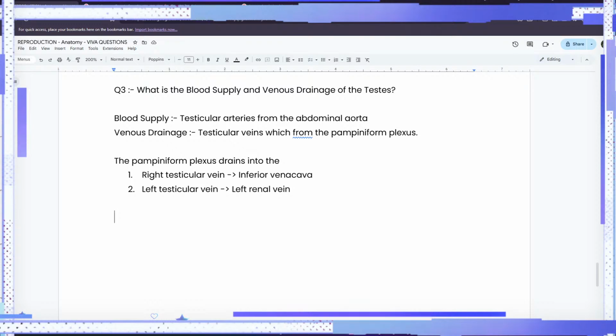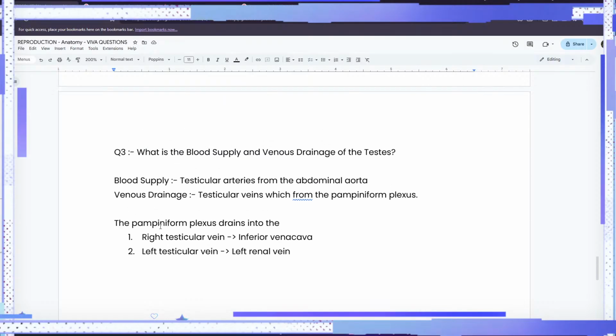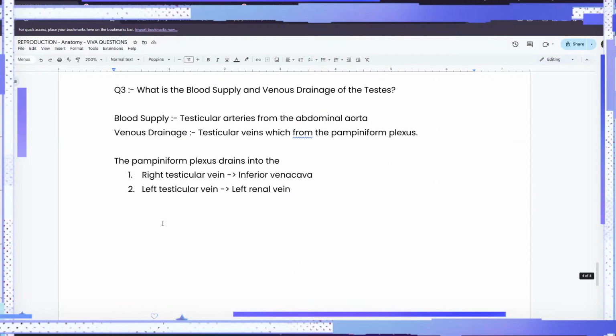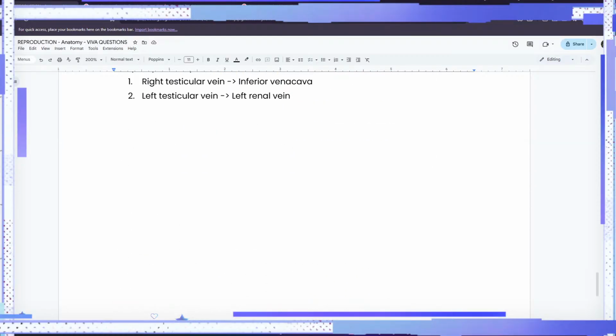We need to know a couple more things before we declare ourselves competent, right? So there are two pathologies for the testes that we need to know.